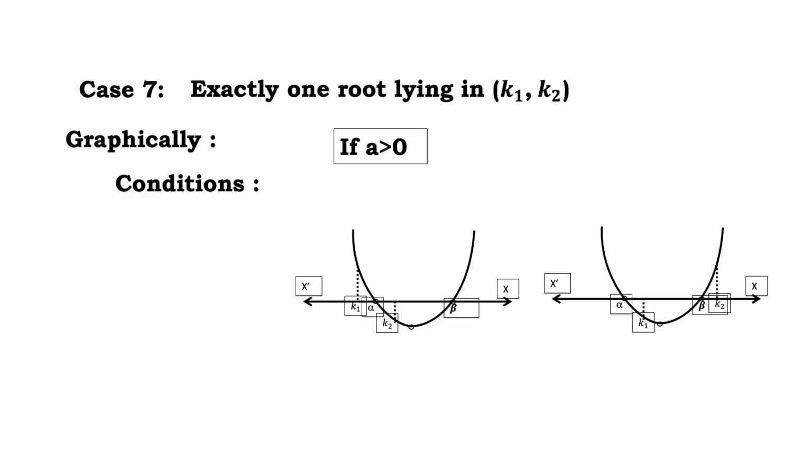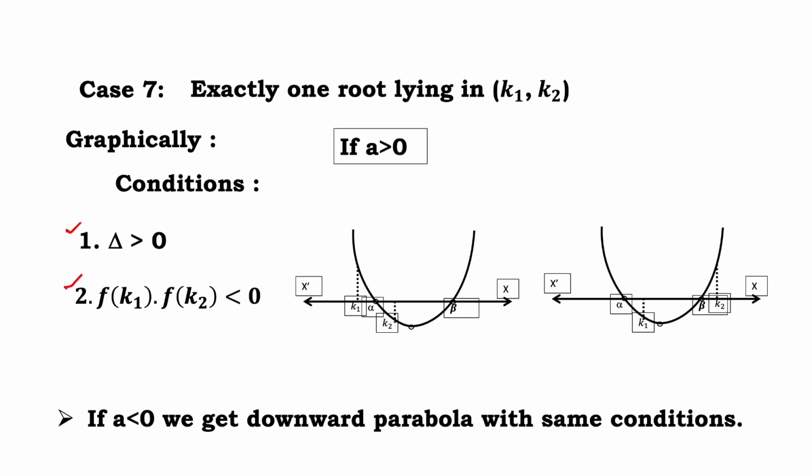So first we have to start with del greater than 0, right? Because one value has to be there, and f(k1) into f(k2), the product will be less than 0. That will be the sufficient condition for you. Only two things you have to take in this, right? Note down everything carefully. You have to use this concept for your questions, right?